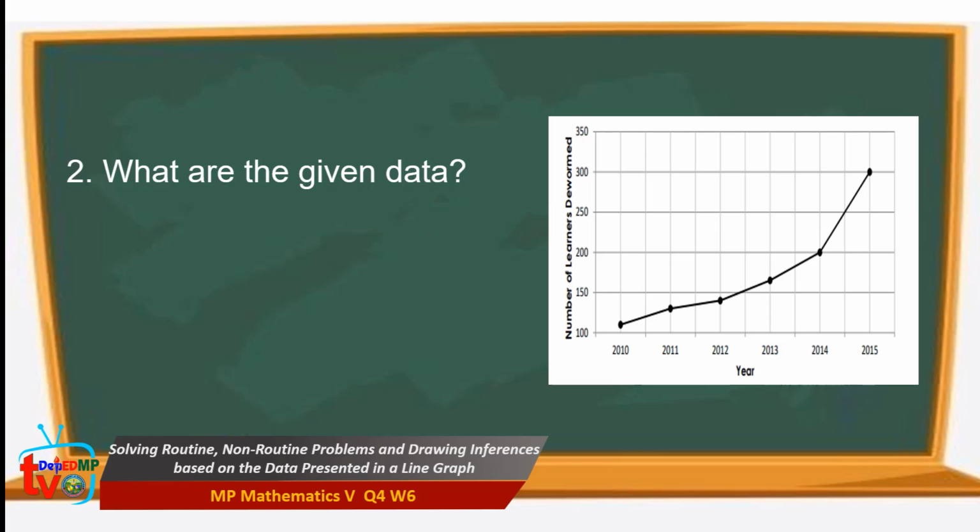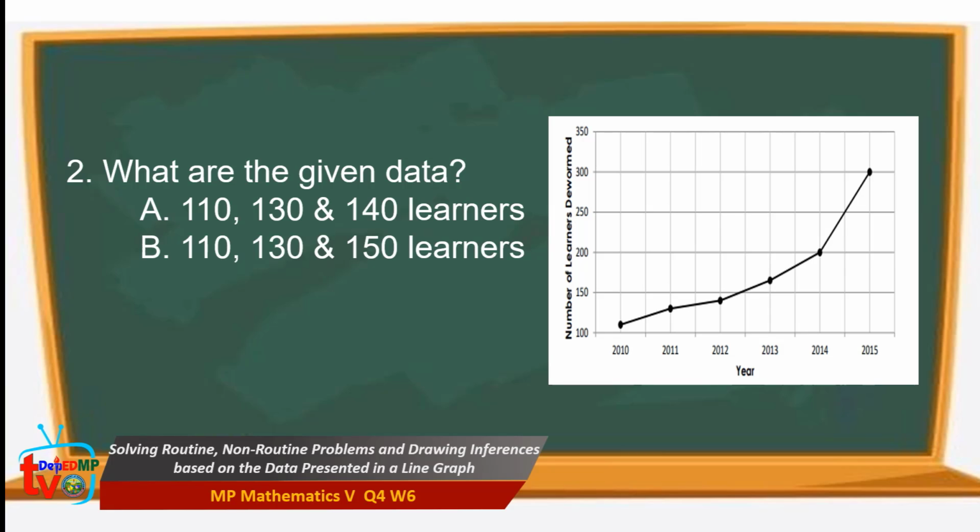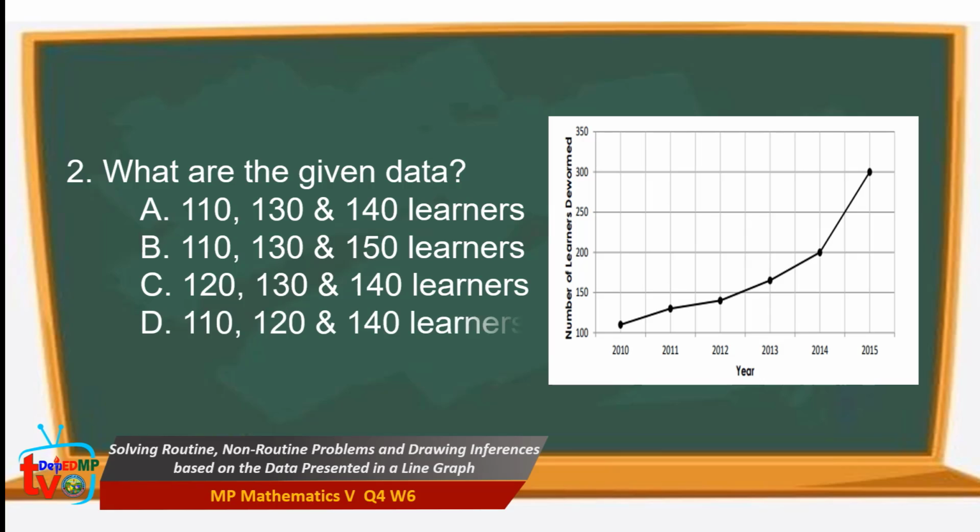What are the given data? A, 110, 130, and 140 learners. B, 110, 130, and 150 learners. C, 120, 130, and 140 learners.